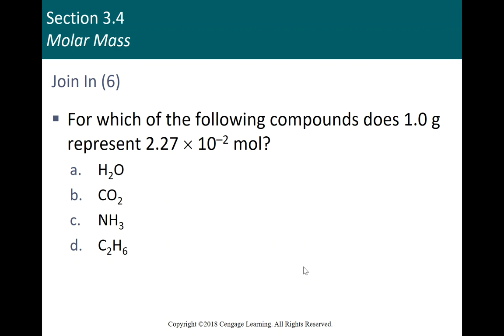So what you're actually looking for is 1 divided by the molar mass equals 2.27 times 10 to the negative 2. To solve that, you would take 1 and divide it by 2.27 times 10 to the negative 2, and you would get 44. And if you look down through here, this one's 18, this one's 17, this one is about 30, and so the only one that's 44 is carbon dioxide.